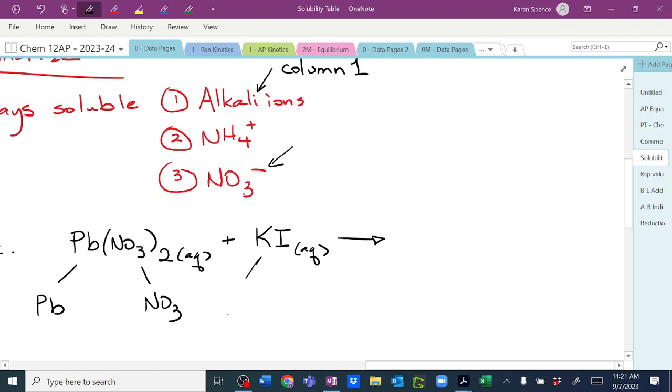I know I have potassium and I know I have iodine. And when I write out my ions, what else do I need to include? Charges. So we're going to start with K and I. What are the charges on K and I? +1 and -1, because all your alkalis are +1 and all of the halogens are -1, okay?